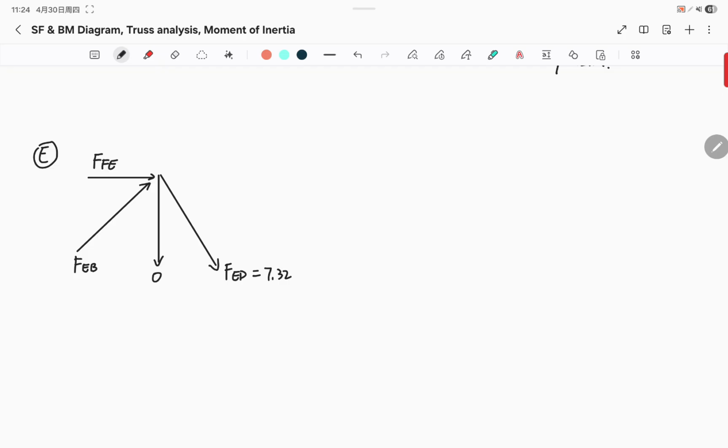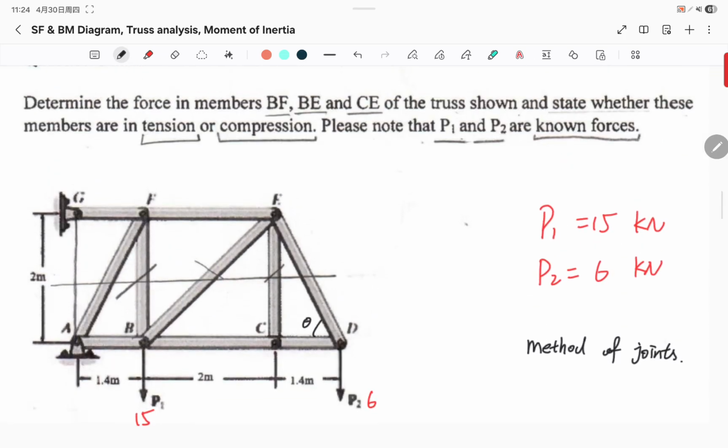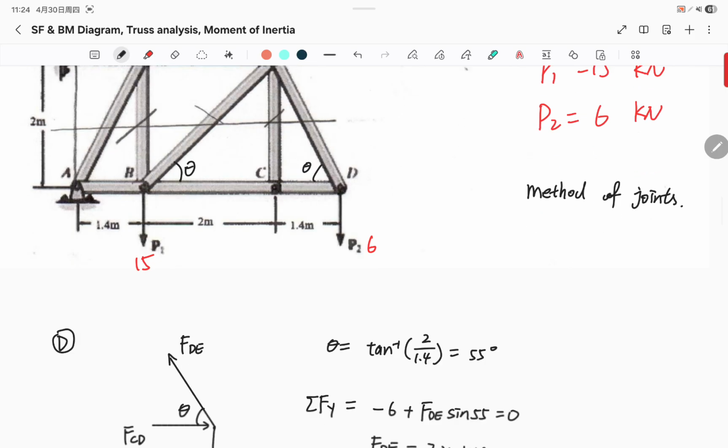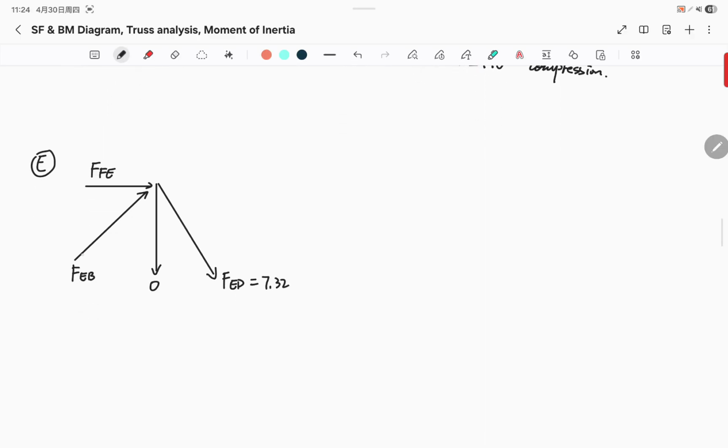And we're gonna need to know angles here. We're gonna need to know this angle, this angle. So we can call this theta again, which is here.